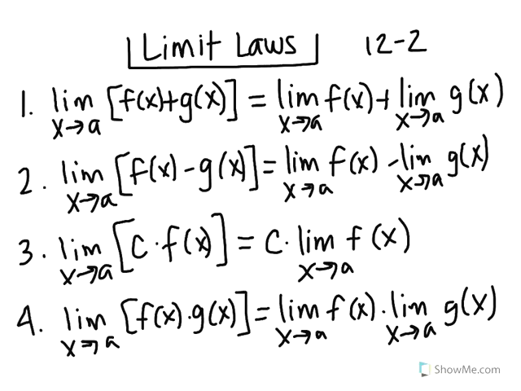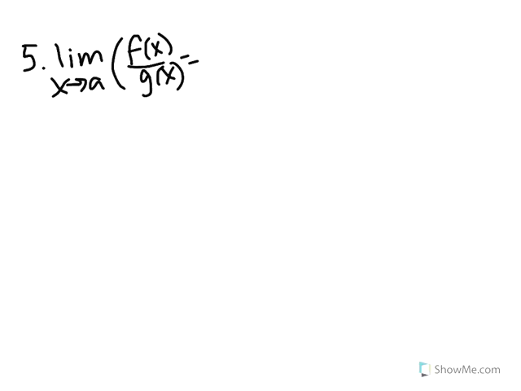Alright, I'm going to erase this and go on to the last 4. So number 5. The limit of a quotient. Since we did product, we're going to do quotient. So the limit as x approaches a of f of x over g of x is equal to the quotient of the limits. So we can take the limits of each separately. I guess I should have put parentheses around this.